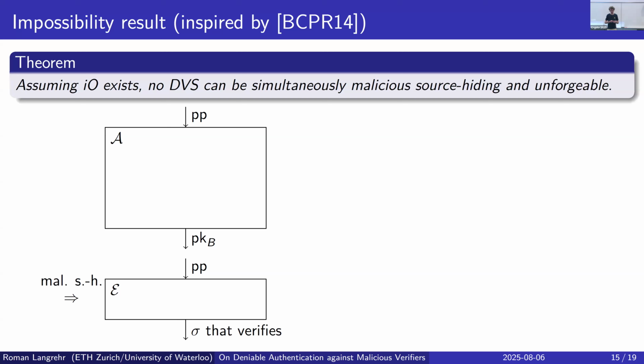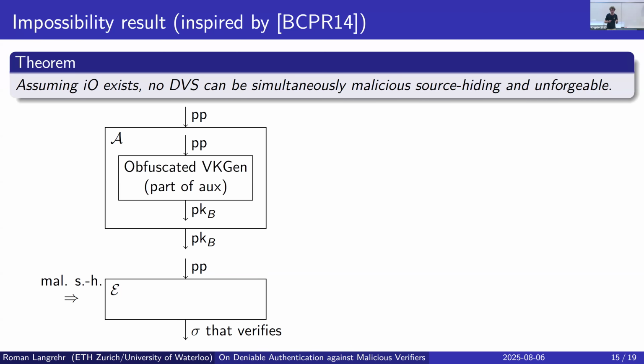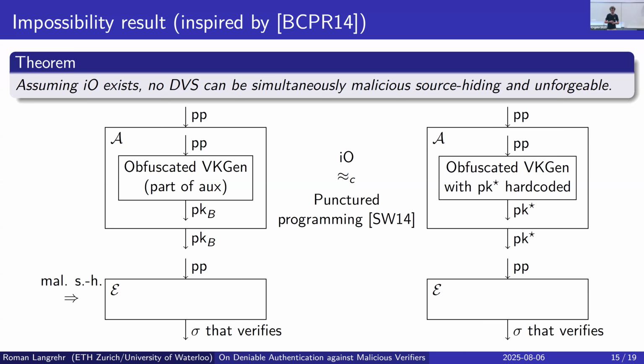For our impossibility result, we consider an algorithm A that gets as auxiliary input an obfuscated version of this verifier key generation algorithm with a hard-coded PRF key, and it just runs that. Then we can use the punctured programming technique by Sahai and Waters to show that this is indistinguishable to a setting where this obfuscated program has just one specific public key hard-coded inside it.